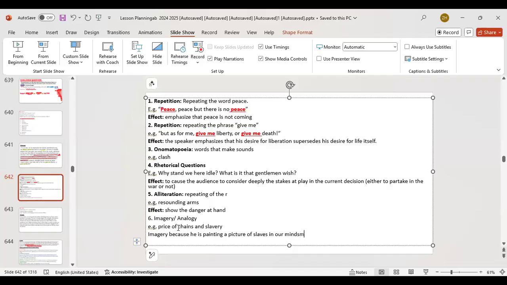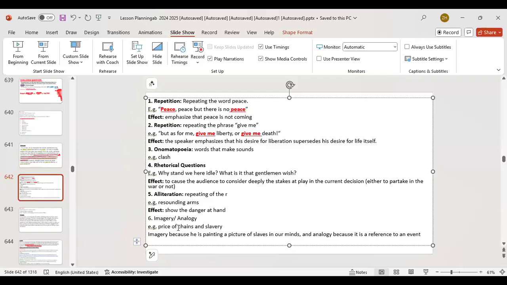And an analogy, because it is a reference to an event. Do we have to write that part? Yes.